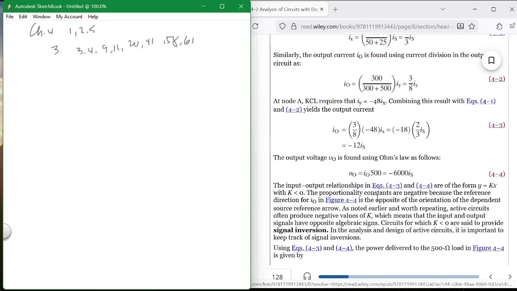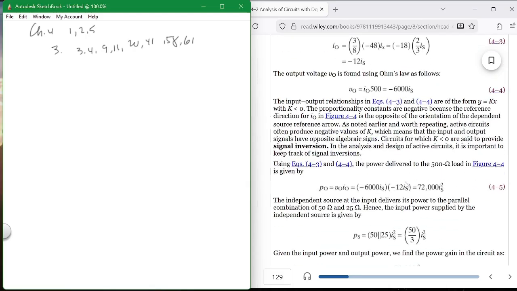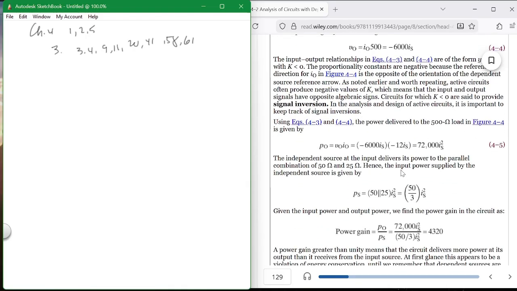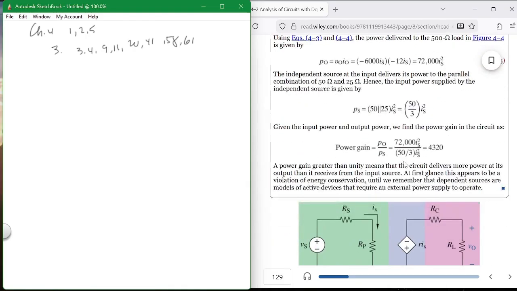Now, V out is this. So there's my final answer. So my final answer, V out, is minus 6,000 IS. Any questions? There's my power out. Wow.